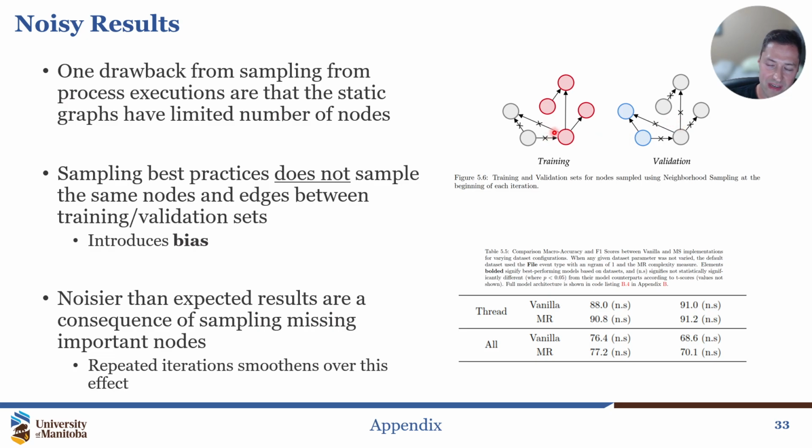One thing to note is that when you have certain nodes, and you don't have too many nodes in this, right? But let's just say, for the sake of argument, we have a malicious executable that executes and spawns daughter processes. If in the training and validation set we were to grab randomly the main executable malware that's executed, but in the training set we didn't include the daughter processes, what does that mean?